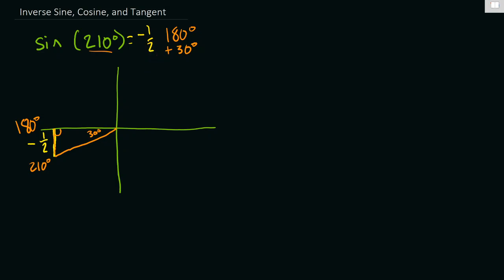Okay, cool. Now, does this mean necessarily that we can go backwards from negative 1/2 and figure out that it's 210 degrees? That's the idea of an inverse operation. In general, if you've got some sort of function, f of x, a function is something that takes x values as input and gives you y values as output. That's one way of defining a function.